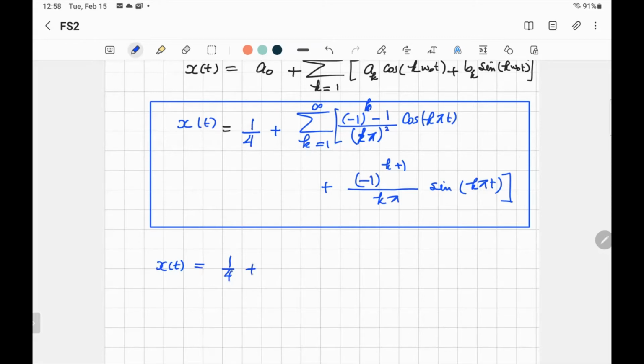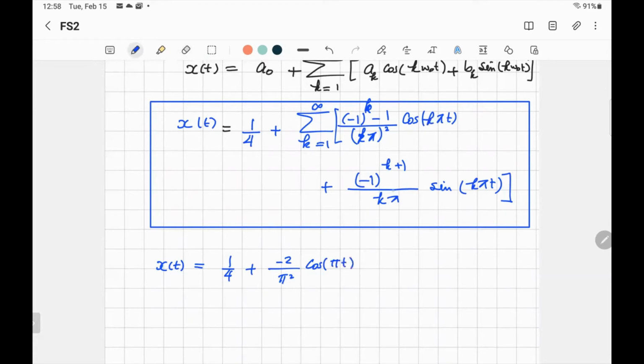Look at the AK term. When k is equal to 1, it will be -1 to the 0, -1 minus 1 is -2, over pi square, cosine. You still have k equal 1, so you will have cosine pi t.